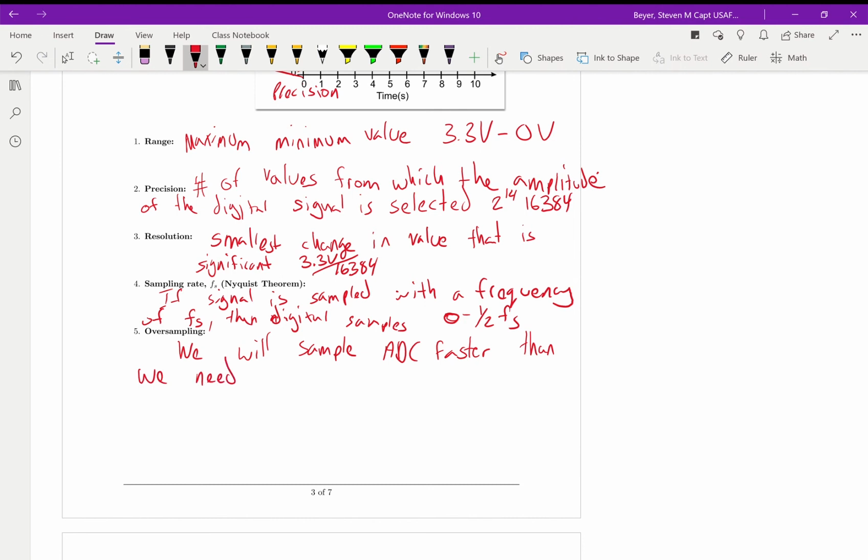The ADC is going to be going faster than we need it. That's going to be set up in the actual settings, and then we're going to sample it 1,000 times and then take the average of those 1,000 to get one basic point for our distance.